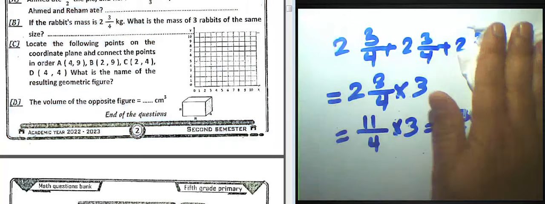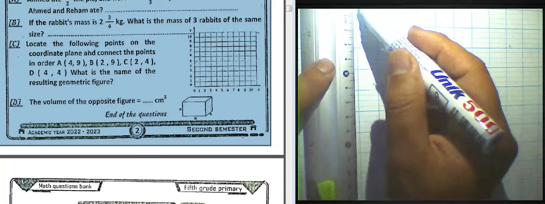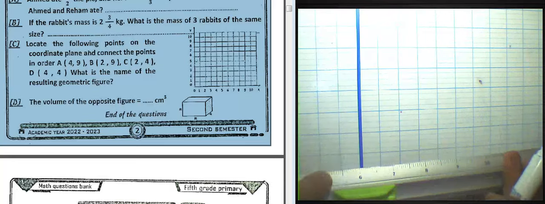Question letter C. Locate the following points on the coordinate plane and connect the points in the order A, B, C, and D. What is the name of the resulting geometric figure? Look at it with me. I will draw here to know the steps of this example.